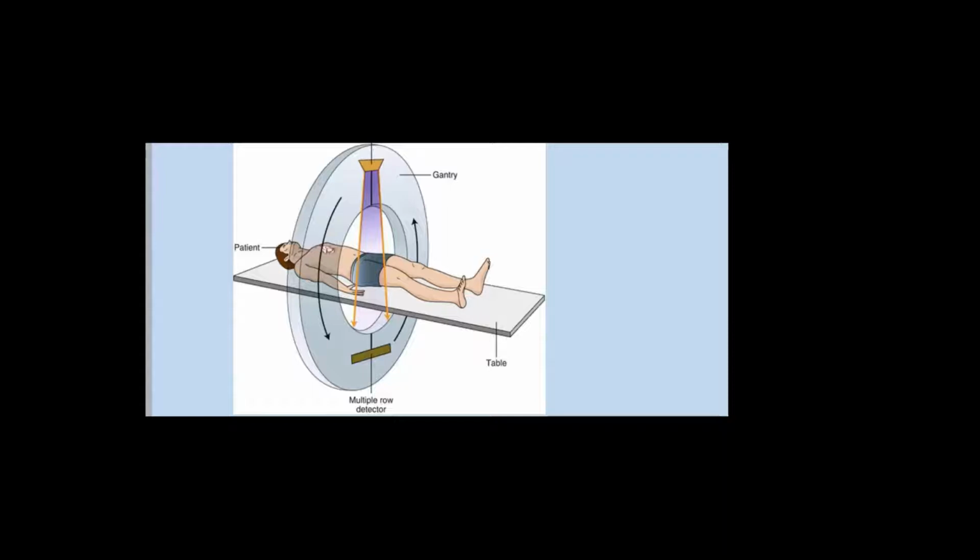I won't go into the physics more than that. It's enough for you to know that the temporal resolution depends on machine-related factors, which is the gantry, how fast the gantry can move. But we can also improve the temporal resolution by doing something else, and I wish you know this because it's important. If you have a moving object and you want to enhance the temporal resolution, you either enhance the imaging temporal resolution or you slow down the object.